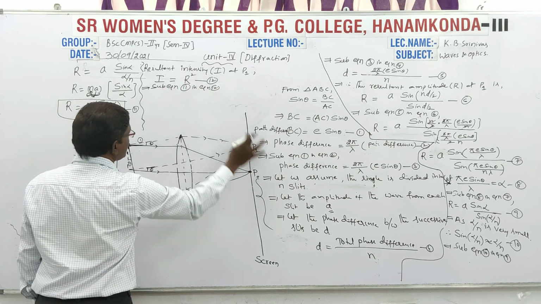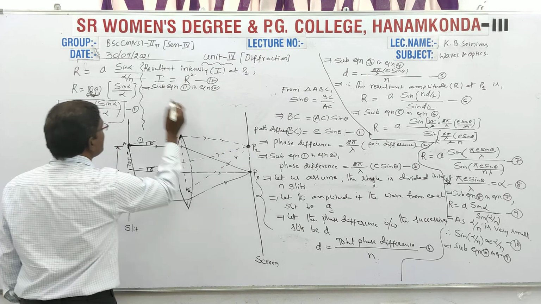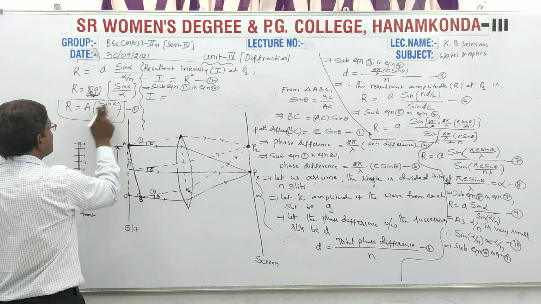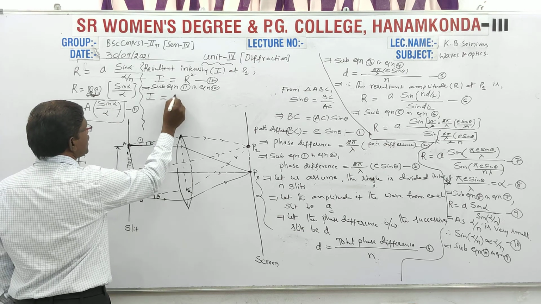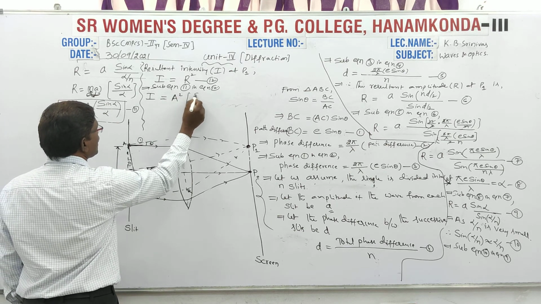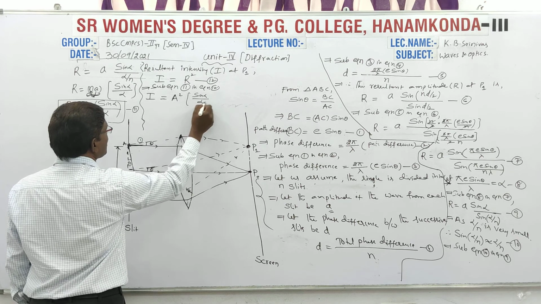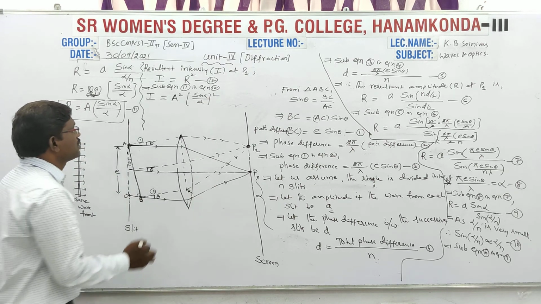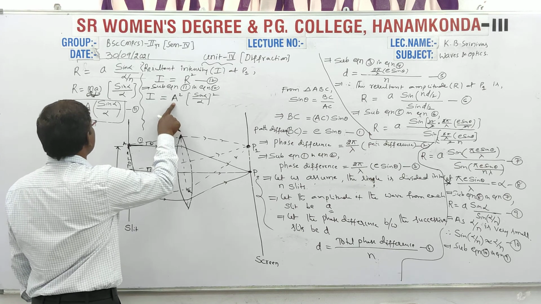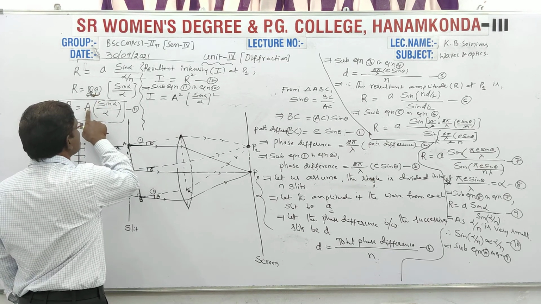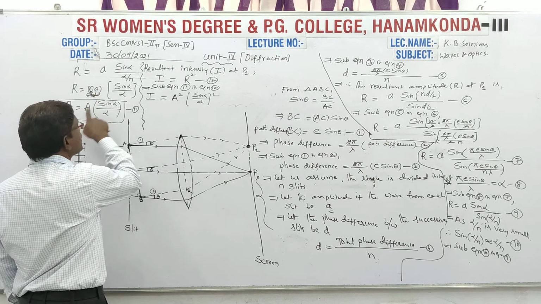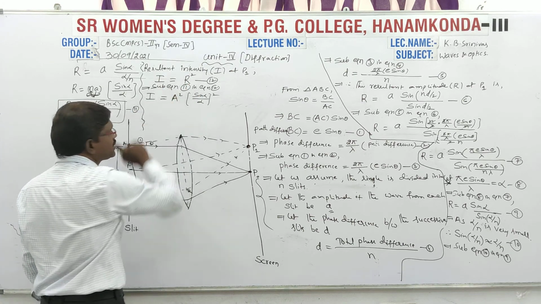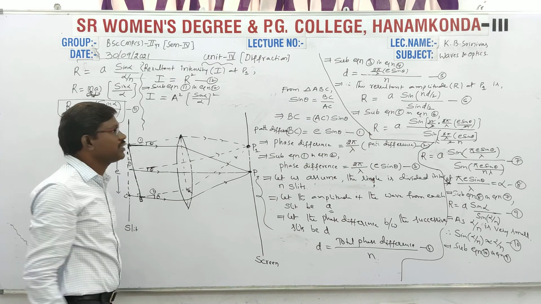So the resultant intensity at P1 will be I is equal to, each and every term squared. So A becomes A square, and sin alpha by alpha also gets squared. Is that clear? What is A? Capital A is nothing but amplitude. When amplitude is squared, we get intensity.